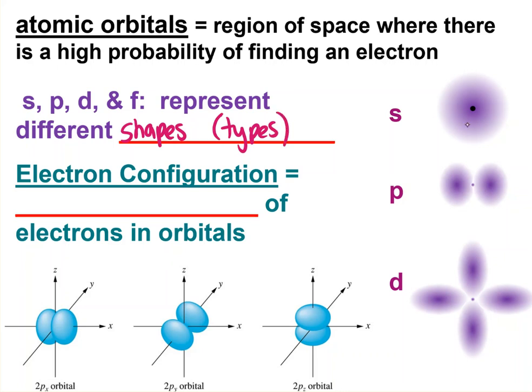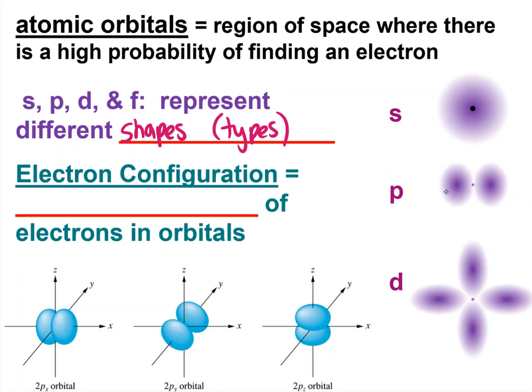An s orbital is maybe like you would imagine an orbital being. But a p has two lobes. This is one orbital, it just has two lobes. D orbitals have four lobes, at least most of them do, kind of a clover leaf pattern. And the shapes get more complicated after that.